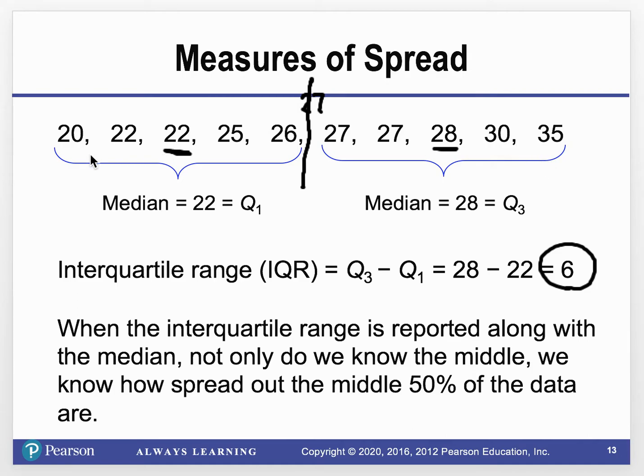Those 5 numbers break our data into 4 evenly spaced sections. Which means the interquartile range tells us where the middle half of the data is. That's the interquartile range.